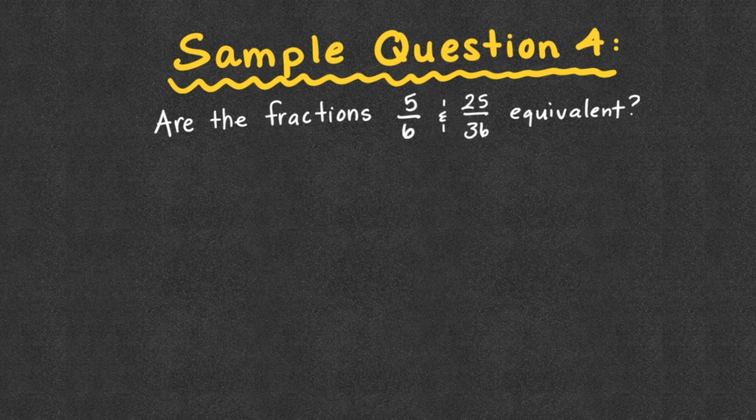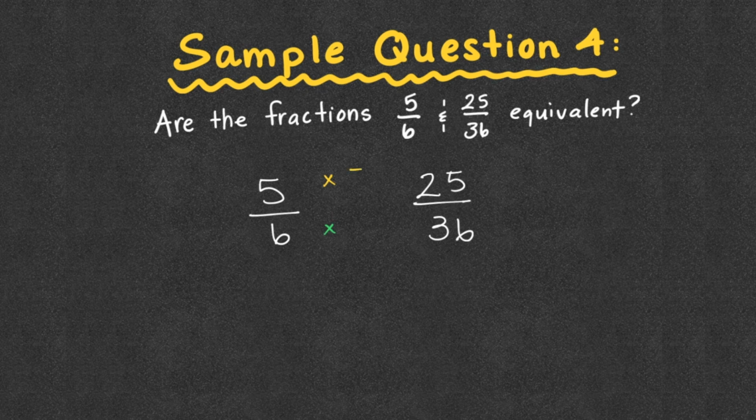We look, are the fractions 5/6 and 25/36 equivalent? So let's look. So I have 5/6 and I have 25/36. So we're going to look at each row separately to find its multiplier. So I'm going to look at what number was multiplied by 5 to get 25, and what number was multiplied by 6 to get 36.